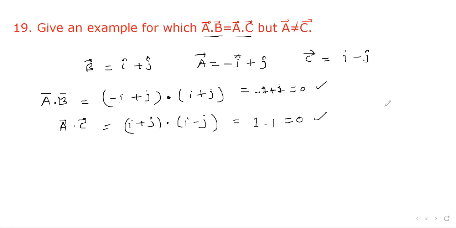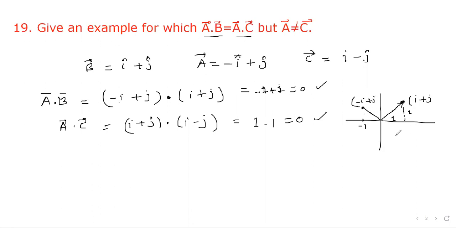If we want to locate these vectors, here B will be like this. This point is i plus j, 1, 1. This is 1, this is 1. Another vector is minus i plus j. It will be like this here, minus 1 plus 1. So this is minus i plus j.